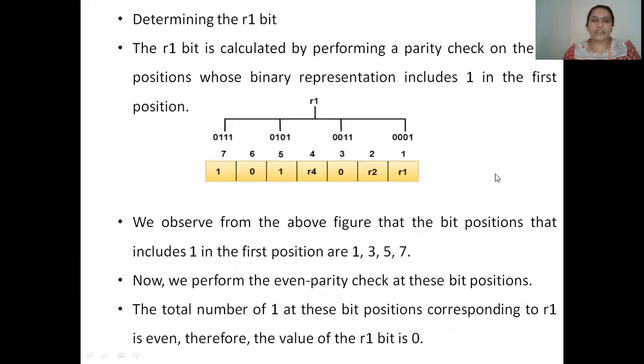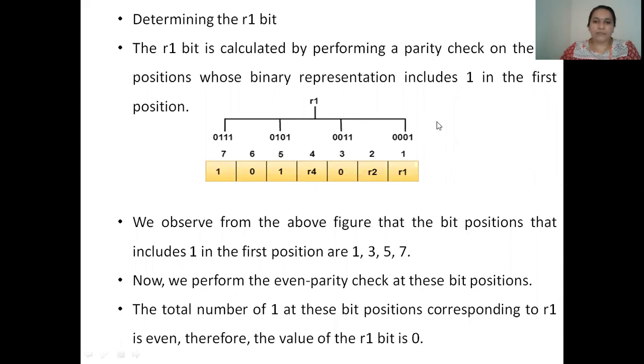Now first, determining the R1 bit. The R1 bit will be calculated by performing a parity check on the bit positions whose binary representation contains a 1 in the first position.